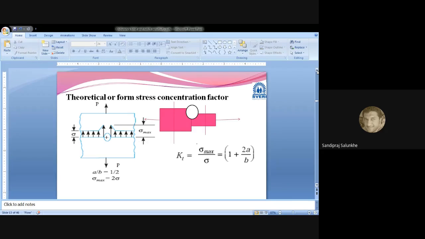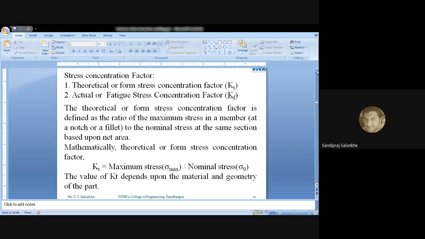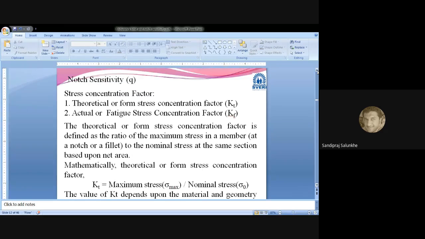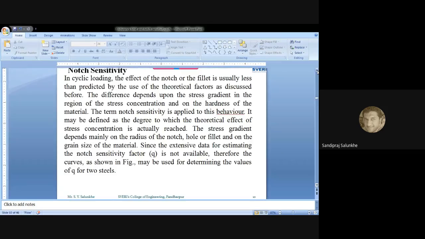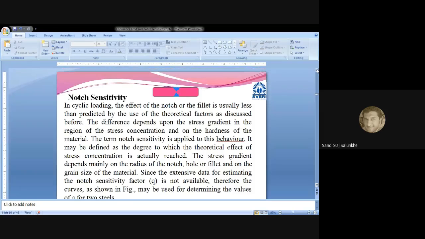To convert that value, we have taken into account various factors like first Ka, Kb, Kc, Kd, Ke, and Kf. Out of that, Ka, Kb, Kc, and Ke we can take from the standard design data book, and various graphs are available for that.